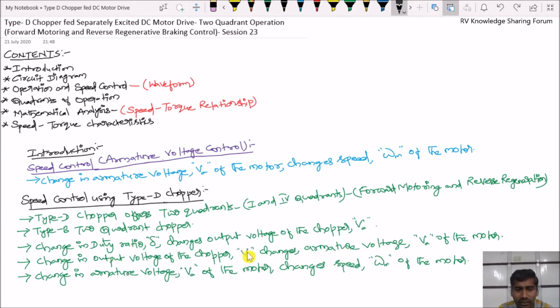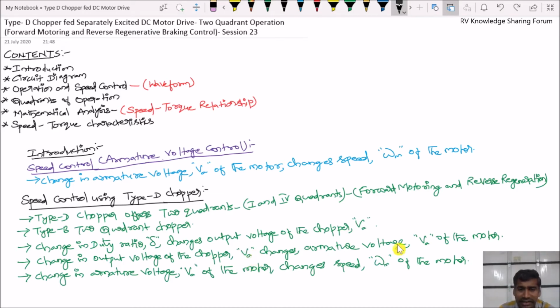The output voltage of the chopper is represented by VA, and the armature voltage of the motor is also represented by VA, because the output voltage of the chopper is fed to the armature terminals of the motor. So the representations of both voltages are the same.